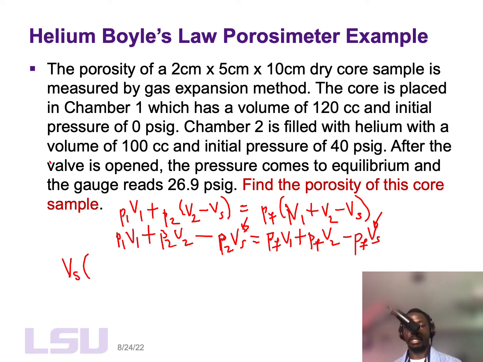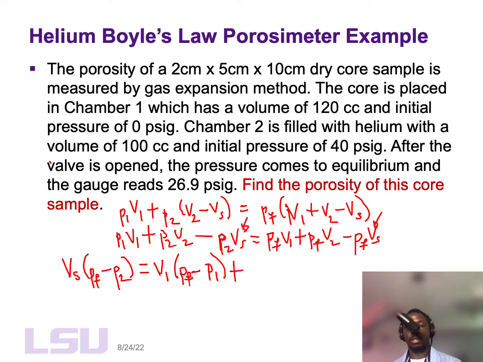So we can write the PF first, so PF minus the P2 on this side. And let's take everything else to the right-hand side. So we have V1, let's write V1 first, and then it's PF. There's V1 here. Take this P1V1 to the other side, so it becomes minus P1.